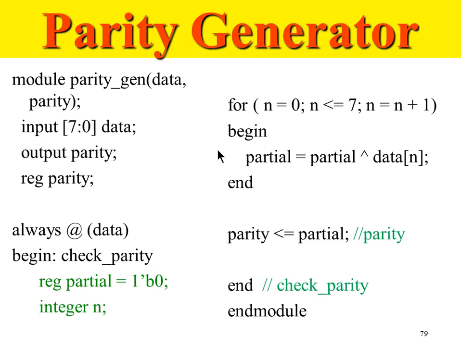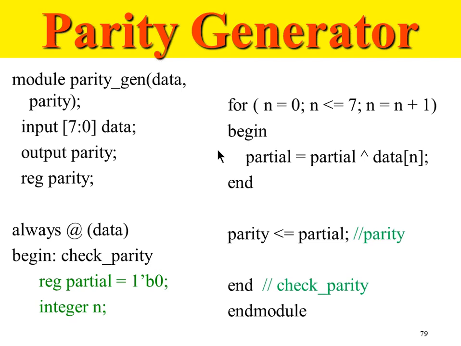If it's an even parity, then we check if the number of ones is even, and if not, we add one to make it even. Or if it's an odd parity, which is the most used case, then we count the number of ones in the data, and if the number of ones is odd, then we add a zero.